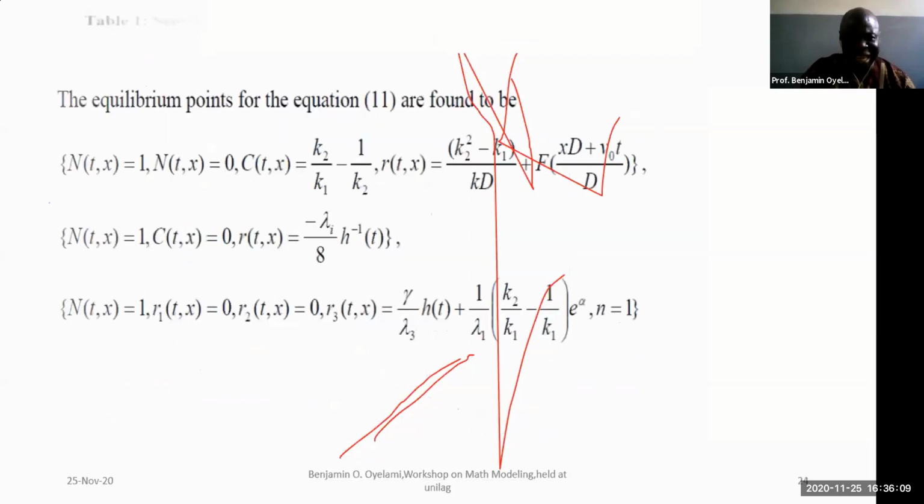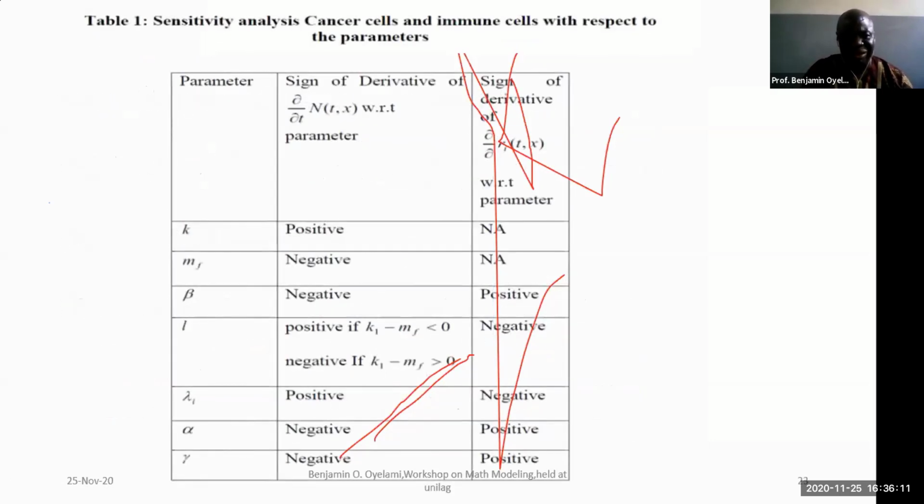So sensitivity analysis is very important. We want to see, with respect to this parameter, does it affect the penetration of the cancer? Yes, positively. So when you increase that parameter, that means if you allow the cancer cell rate of growth to increase, then the population will increase.